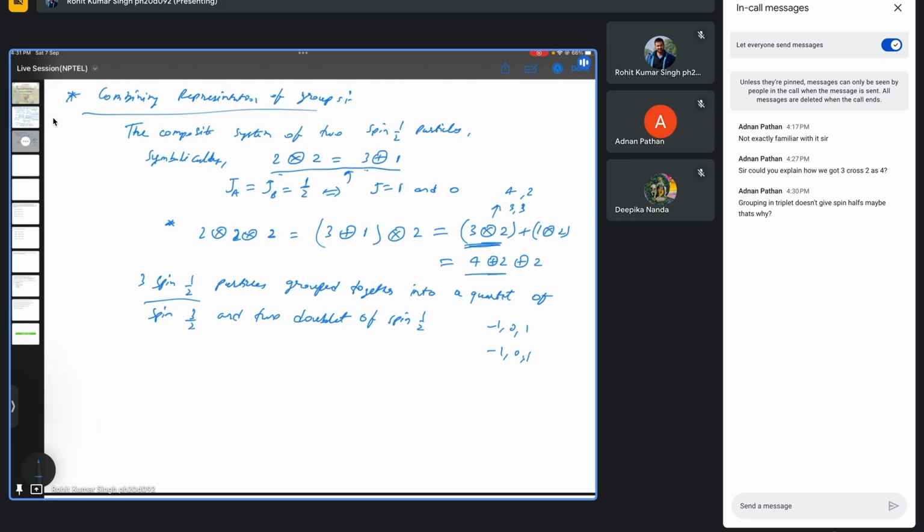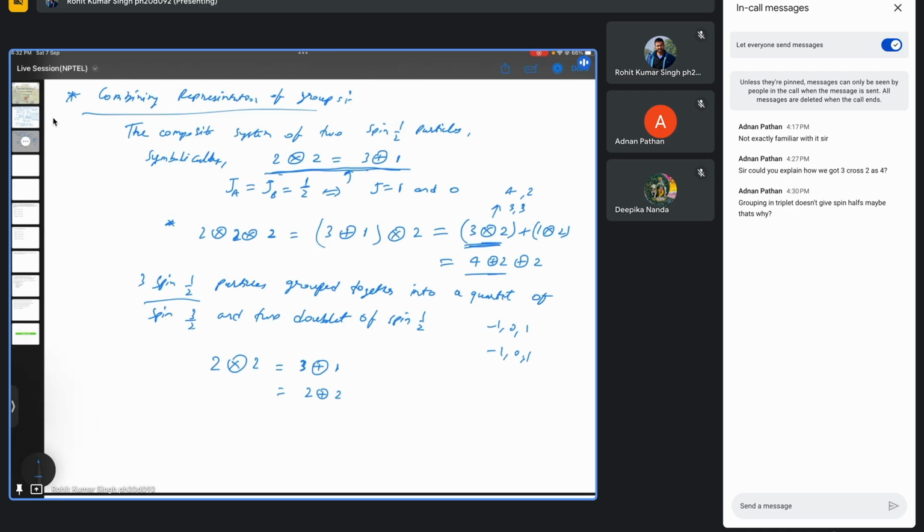So basically this is the symbolic representation, okay? Let me go to the first one here. So what we had here, 2 cross 2 equal to 3 plus 1, okay? So why was this not 2 plus 2?